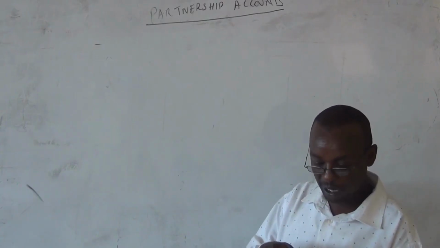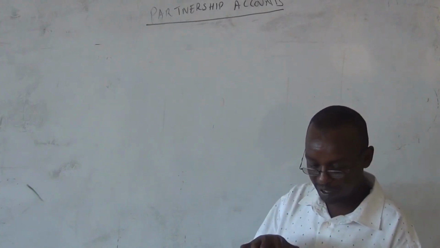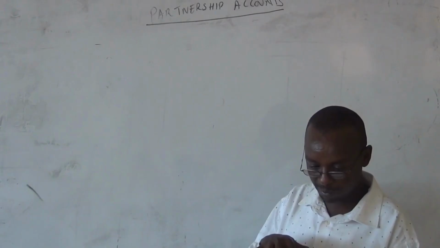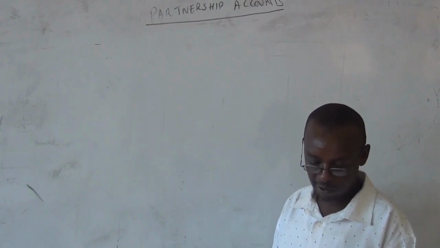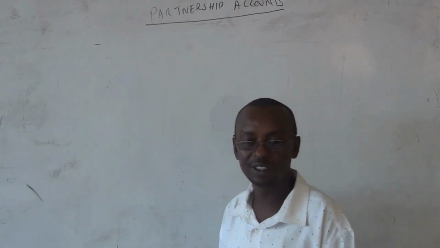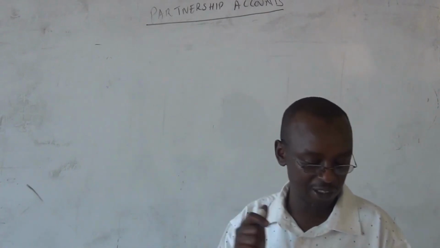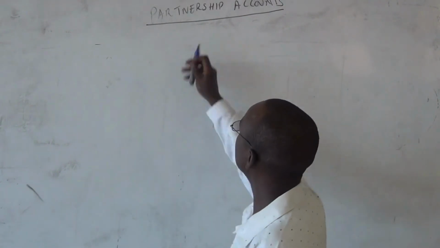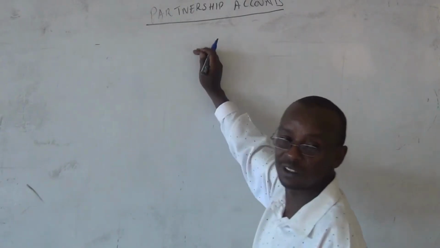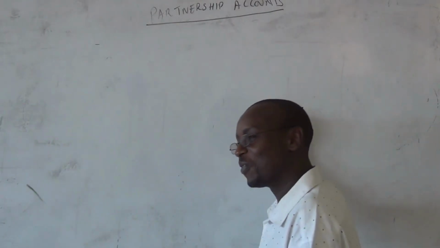So you will calculate that profit sharing ratio, and then, as in the sole proprietorship, we learned the final accounts. That is the income statement. It has the trading statement and comprehensive income. In the trading statement, sales less cost of sales gives you gross profit.